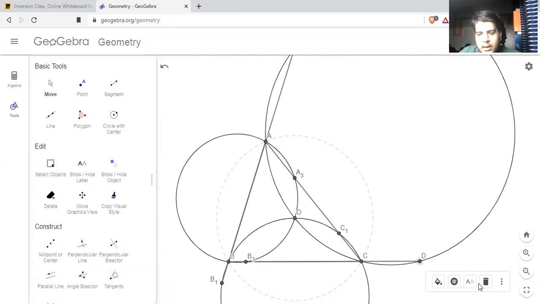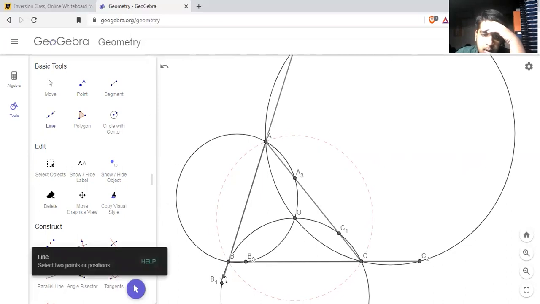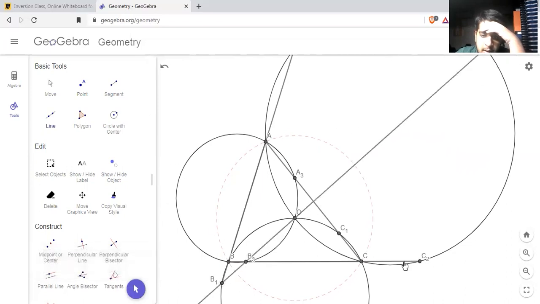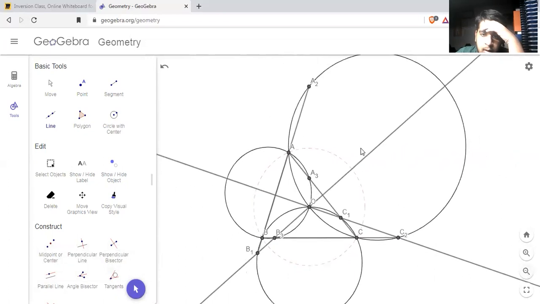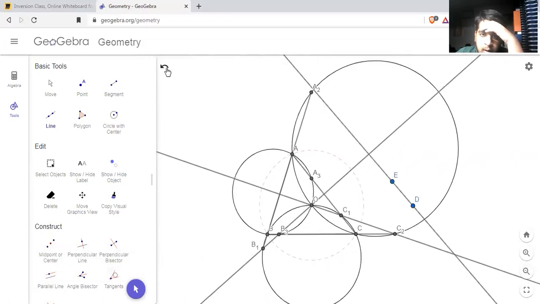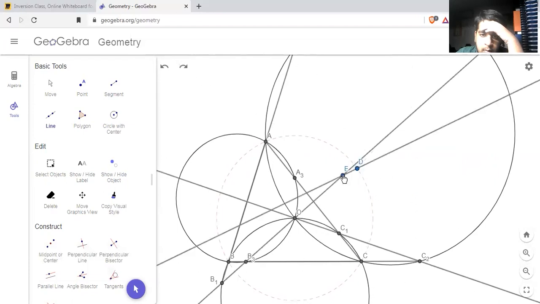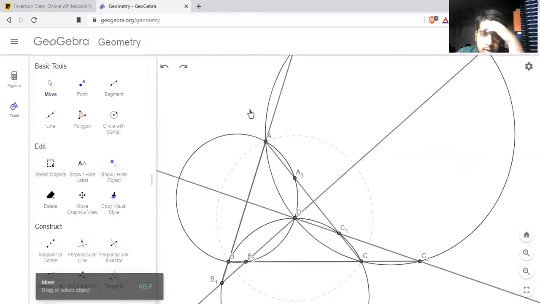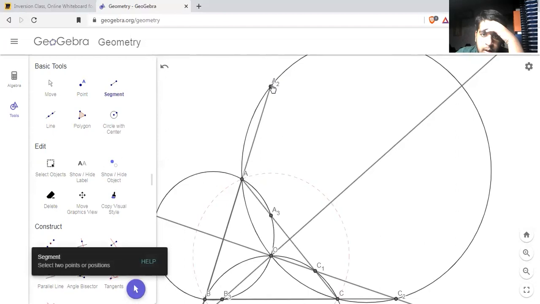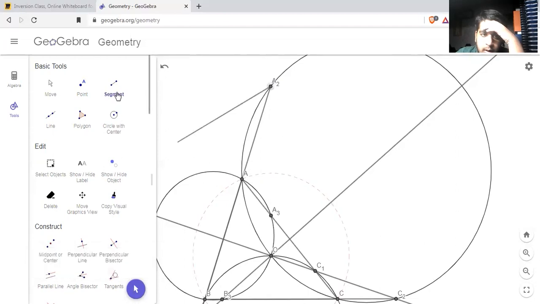This is the data. We need to show that B1B3, C1C2, and A2A3 are concurrent.